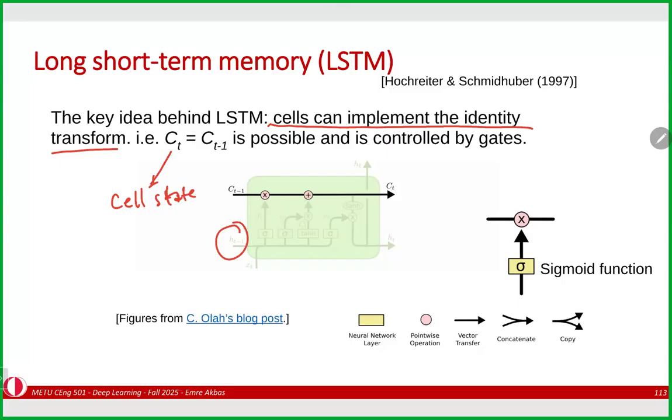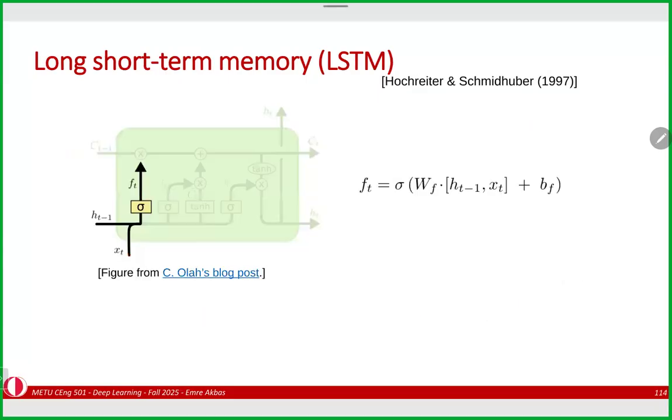Because of the gating mechanism, C_t equals C_{t-1} is possible, and this is called the identity transform. If the LSTM decides to set the gate to certain values, then passing C_{t-1} intact to C_t is possible. And this capability is the key to addressing the vanishing gradients problem.